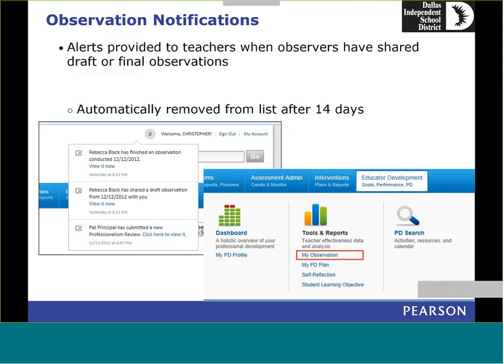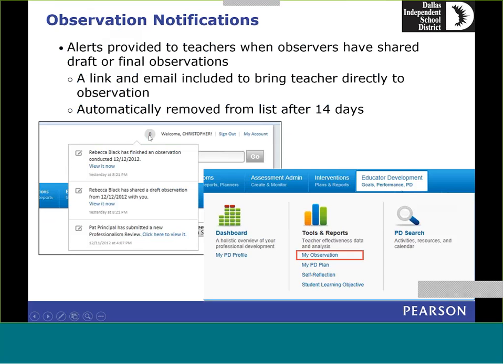As I've mentioned before, you're going to get alerts at the very top, and you can see on my training site I've had some alerts pop up. You'll receive an alert when your SLO has been approved, when an observation has been shared with you, and sometimes an email may be included as well, which will bring you directly to the observation.